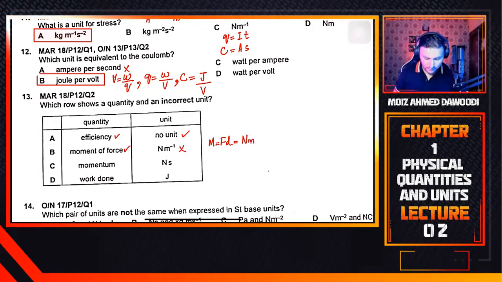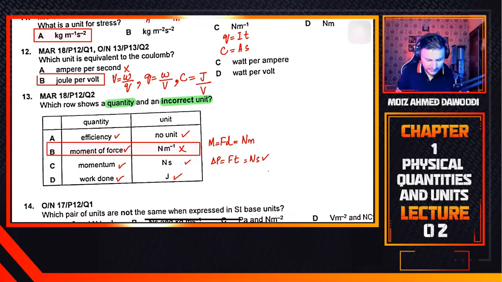So that is wrong. Momentum is correct. Change in momentum is equal to force into time, so Newton second is correct. Work is joule. He asked for the incorrect unit, quantity with incorrect unit. That means B is our correct answer.